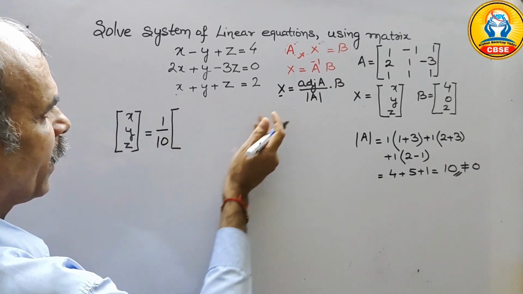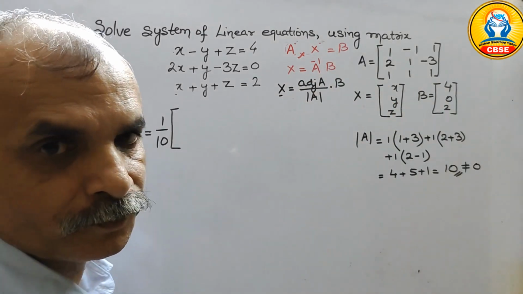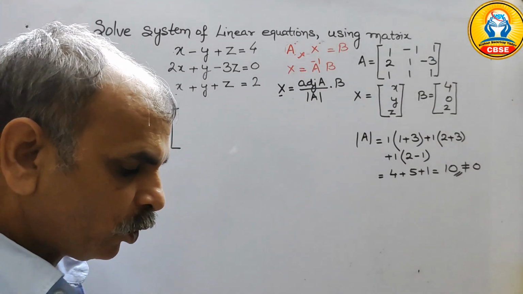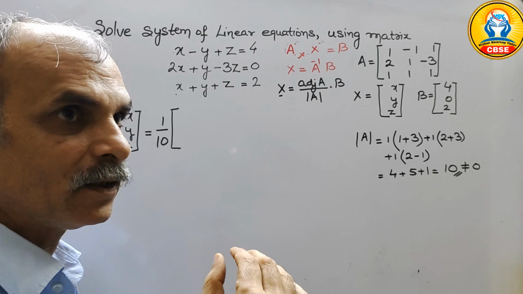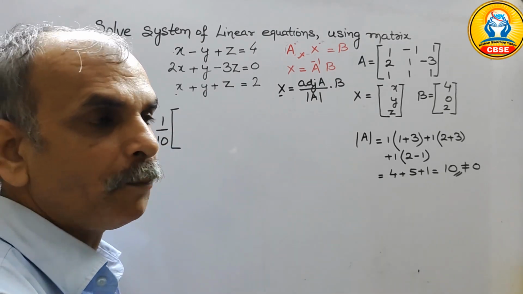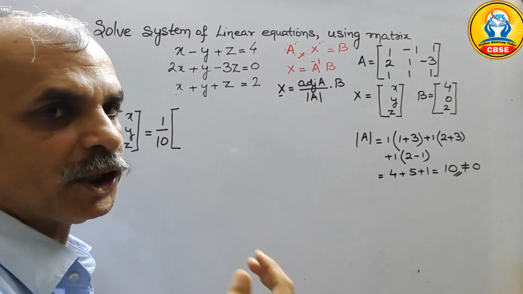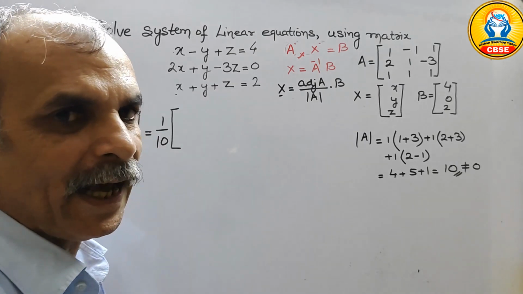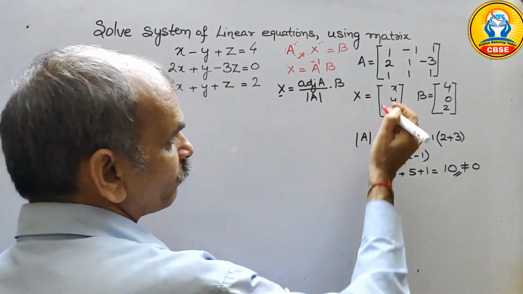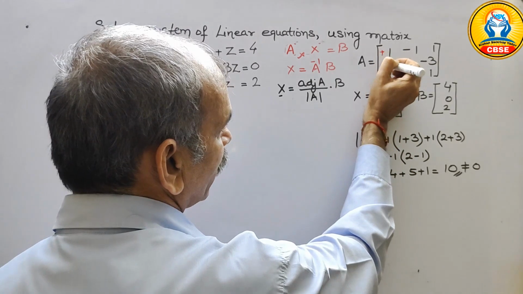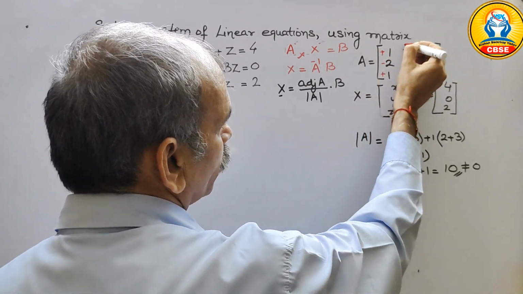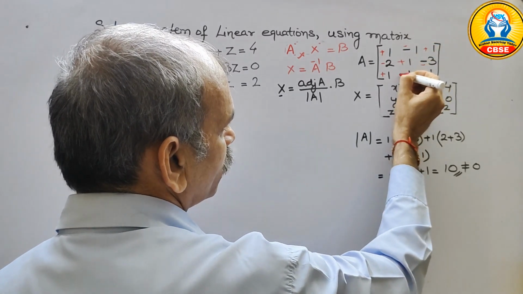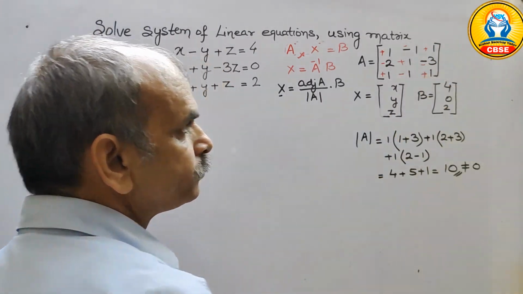Next we have to go for adjoint A. For adjoint A, we have to think about the position, whether the position is positive or negative. So directly we can write the positions: positive, negative, positive, negative, positive, negative, positive, negative, positive.